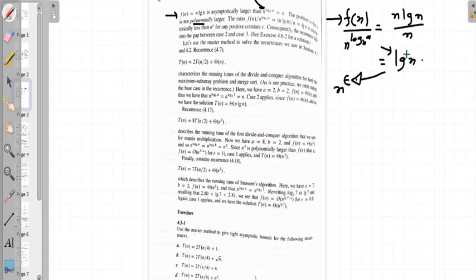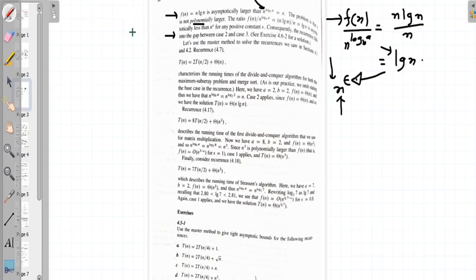It will be much less when n grows large. Consequently the recurrence falls into the gap between case 2 and case 3. Even if it is asymptotically larger, it is not polynomially larger, by n^epsilon.